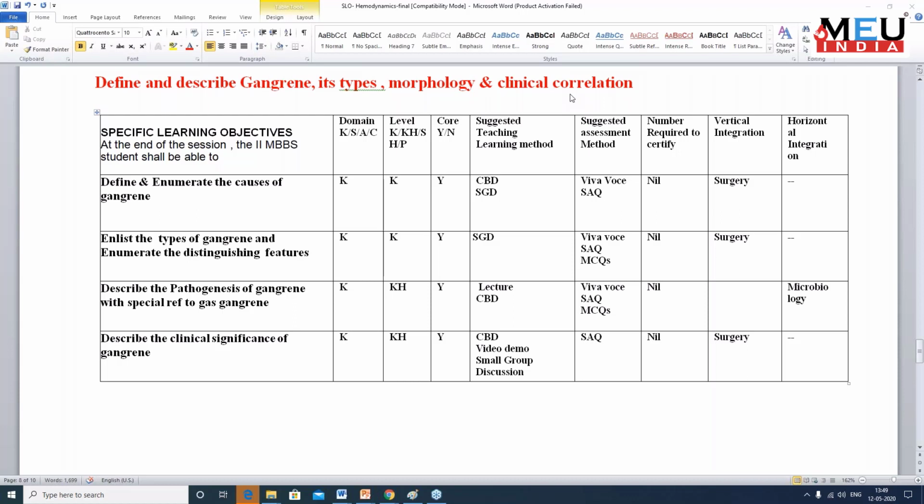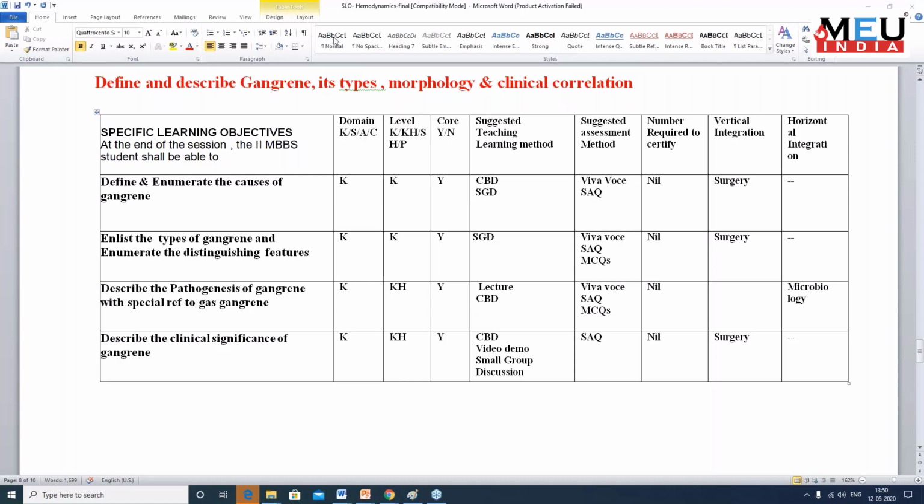And the next topic is to enlist the types of gangrene and enumerate the distinguishing features. As I already mentioned, dry gangrene, wet gangrene, and gas gangrene. All these three need to be enumerated in detail. It is better if we have a clinical presentation or a case, so they will be able to understand it better in clinical context.